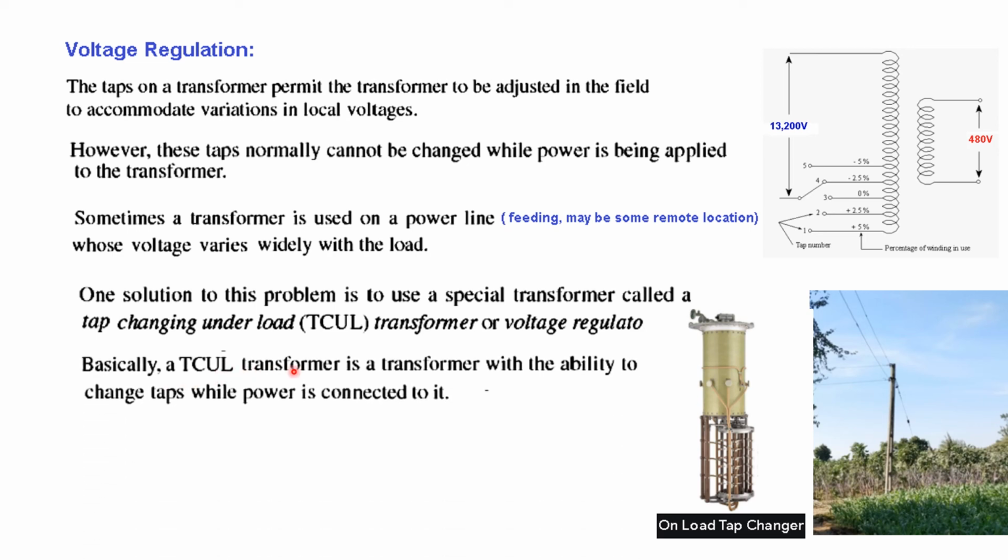Basically, a TCUL transformer is a transformer with the ability to change taps while the power is connected. So this is the main advantage. There are circuits which prevent the sparking, so even when power is on, the taps can be changed.